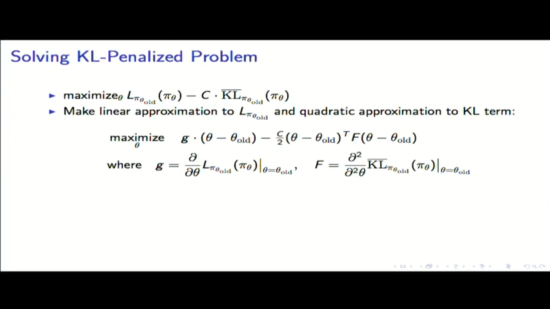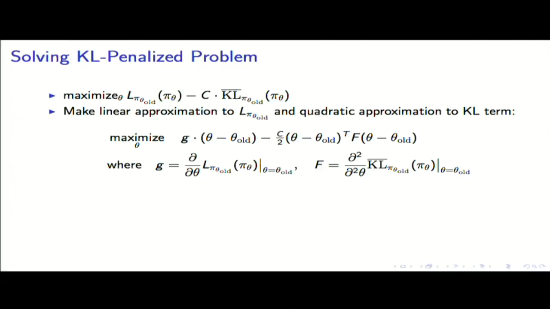The reason we don't get a linear term from the KL divergence is that the KL divergence is minimized at the starting point that we're linearizing around. So the linear term vanishes, because the gradient vanishes at the minimum of a function. So this is our quadratic approximation to the objective.